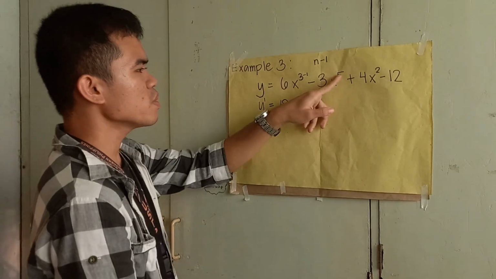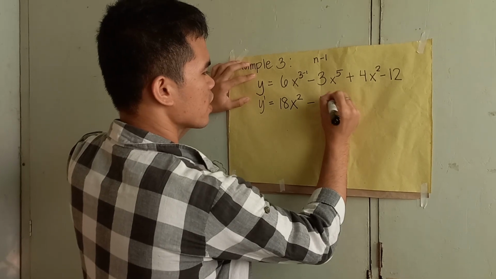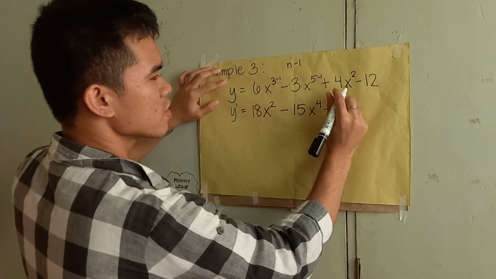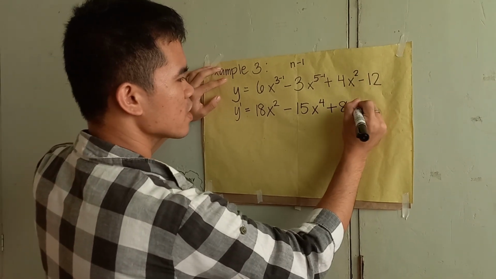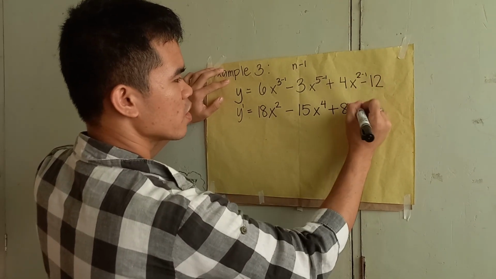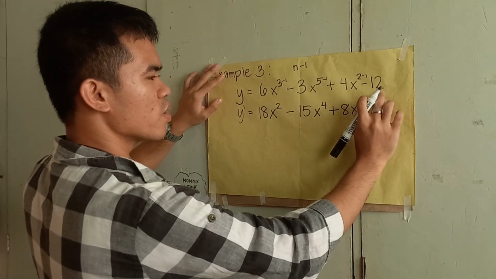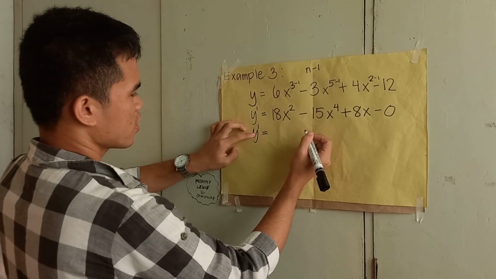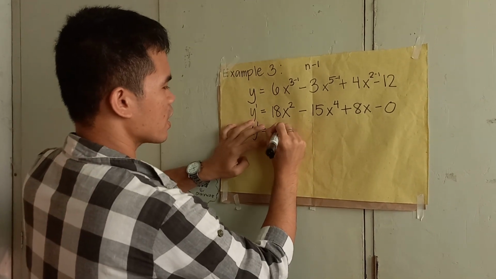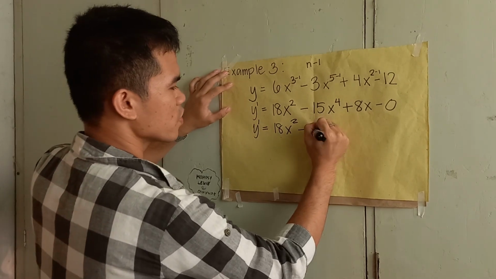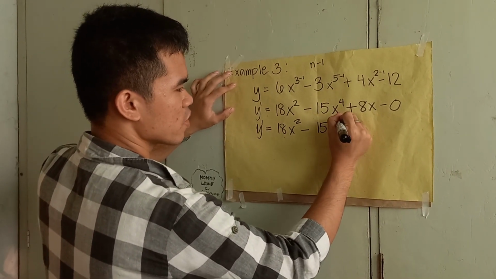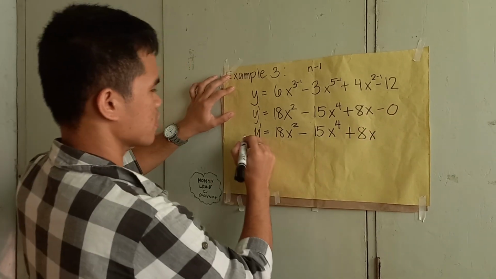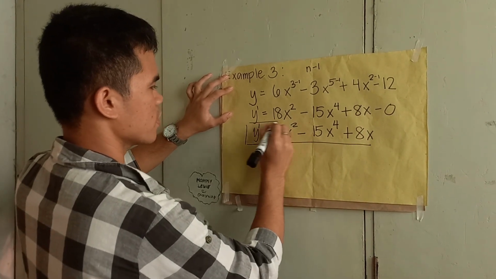Minus 3 times 5 equals 15x, 5 minus 1, 4. Plus 4 times 2, 8x, minus 1. Then since 12 is a constant, automatically 0. So here is the final answer: y prime equals 18x squared minus 15x raised to the power of 4 plus 8x.